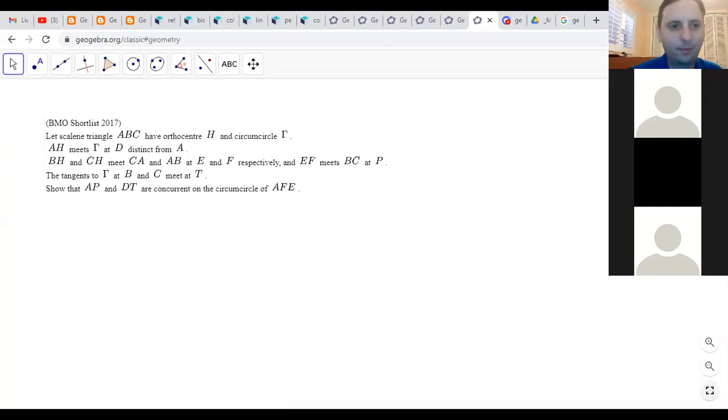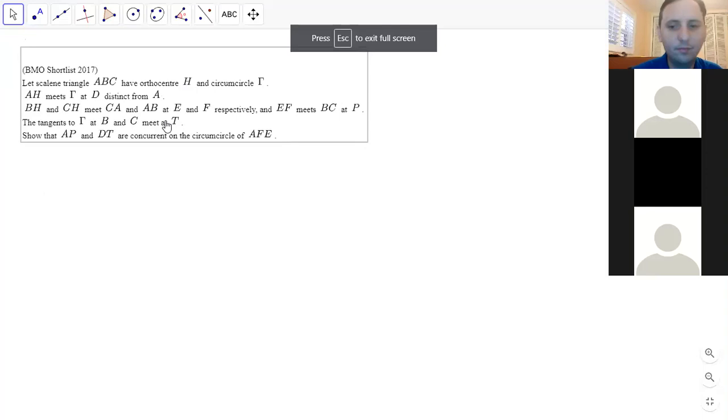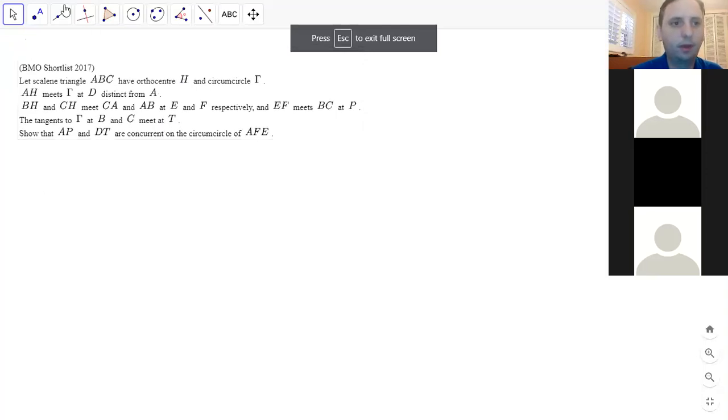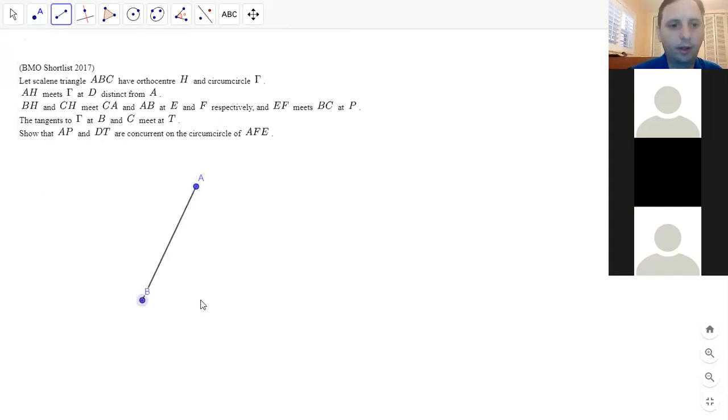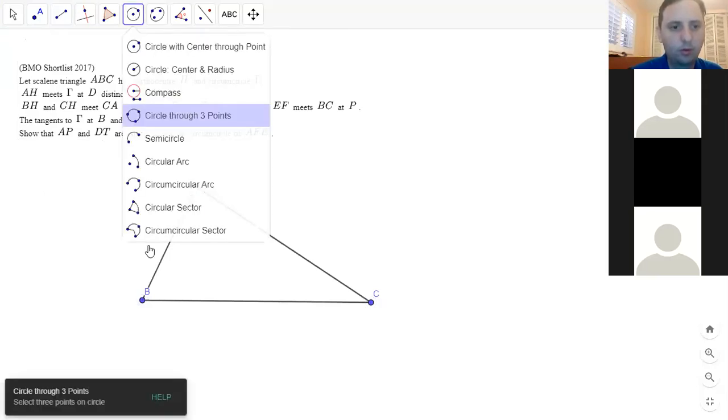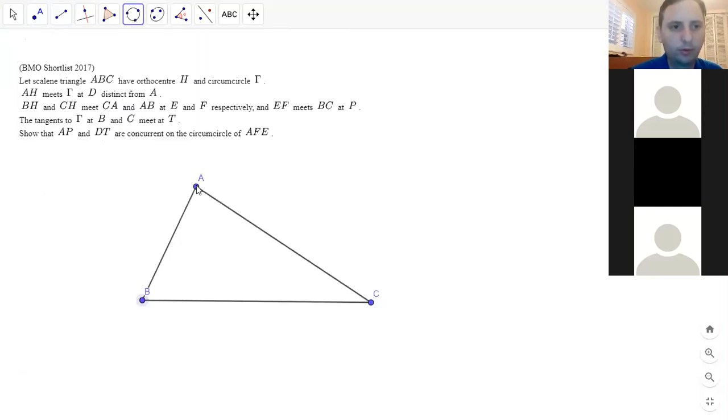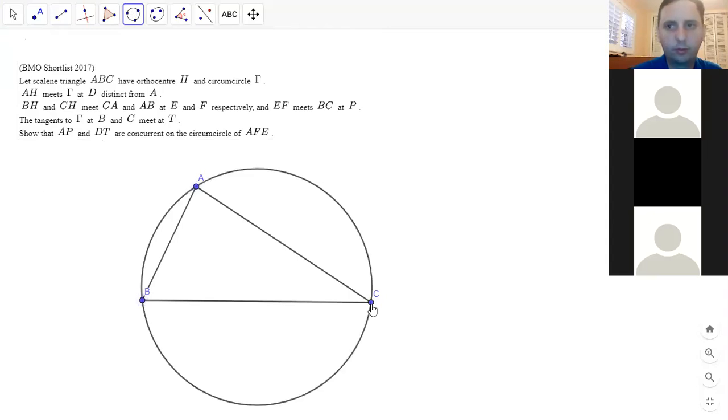Let's check this one. Okay, so we have a scalene triangle ABC, orthocenter H, and circumcircle gamma. Here's the circumcircle. AH.